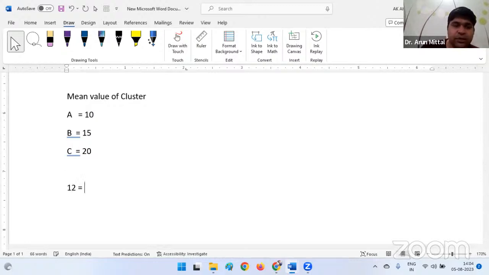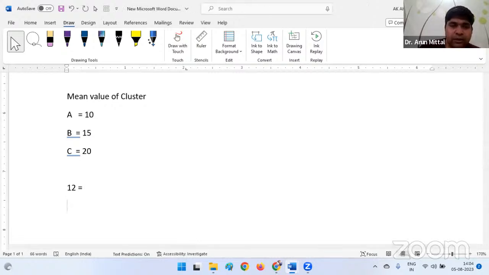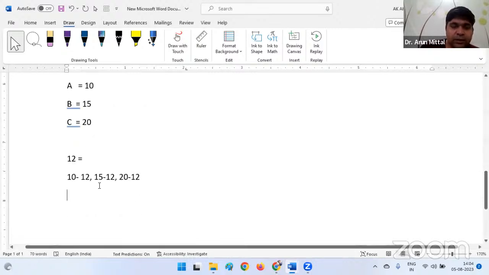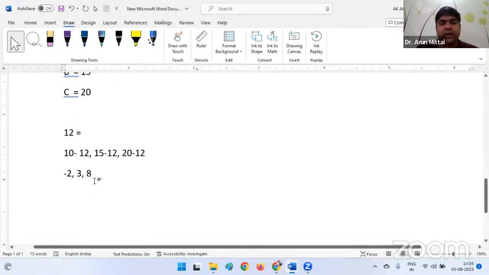Which cluster does it belong to? A simple method is 10 minus 12, 15 minus 12, 20 minus 12. So the result is minus 2, 3, and 8, and the smallest number, ignoring minus and plus, is 2. We don't actually consider minus and plus while measuring distance and proximity.